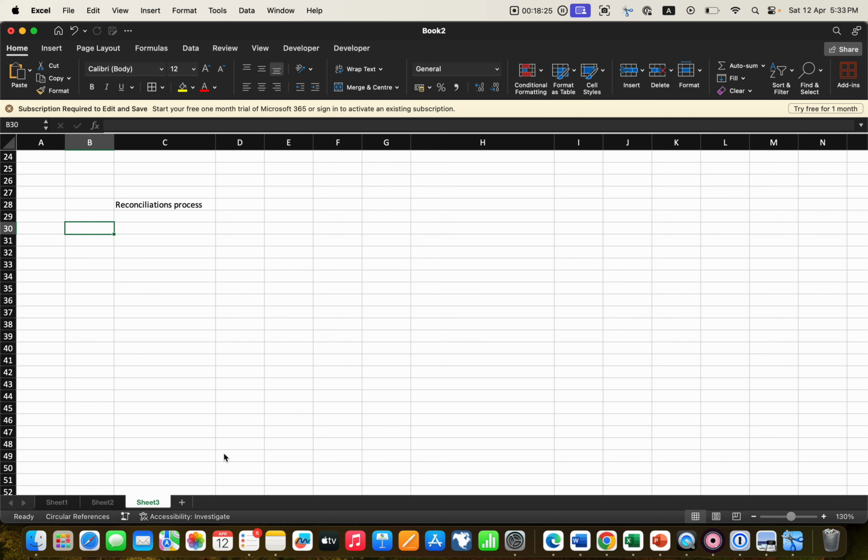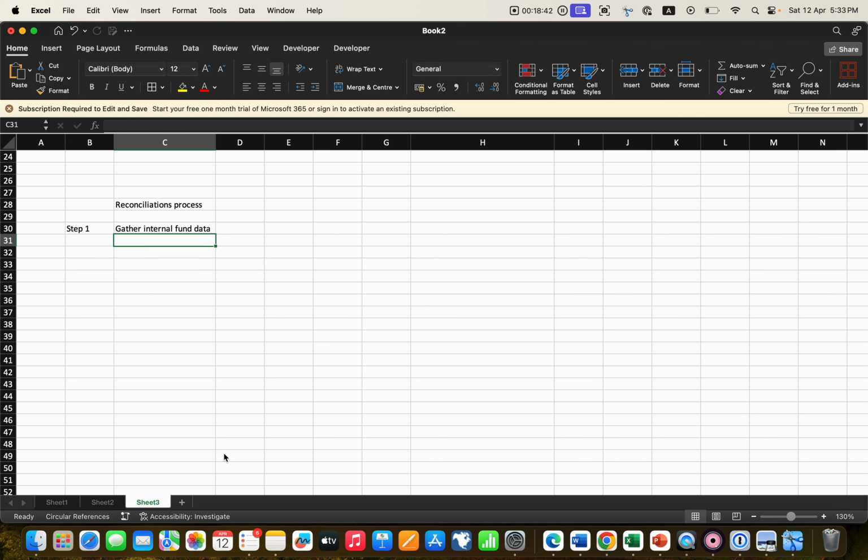I'm writing here step 1. Step 1 is to gather internal fund data.